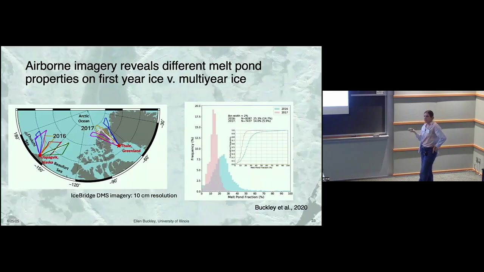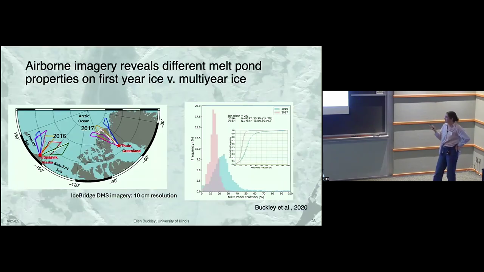And so when we apply the image classification algorithm, we can pull out the melt pond fraction from all these images. And so this is the distribution of melt pond fraction from 2017, looking at the predominantly multi-year ice area with a lower melt pond fraction, and in 2016, looking at first-year ice area that has a wider spread of melt pond fraction and larger on average melt pond fraction. And this is not totally new information.